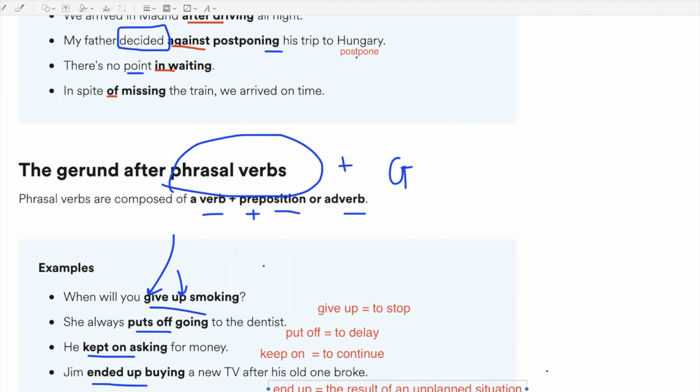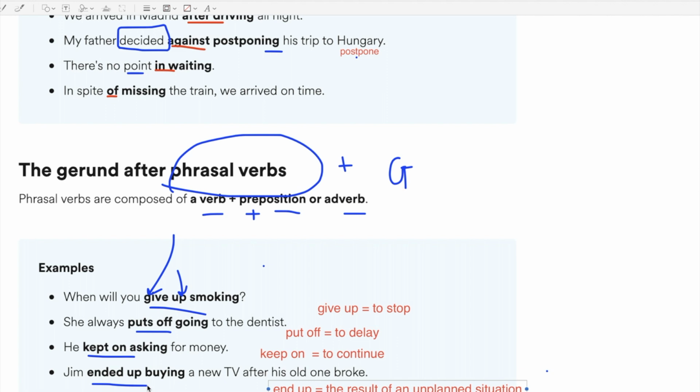Or a Tesla. But I go to the store and there are no Teslas or no Toyotas. And so I end up buying a Honda car instead, right? It was unplanned. My plan was to purchase a Toyota or a Tesla car, but it was not there. So I ended up, the result of an unplanned event or situation, I ended up buying a Honda.